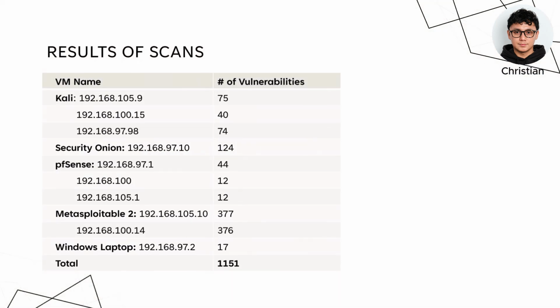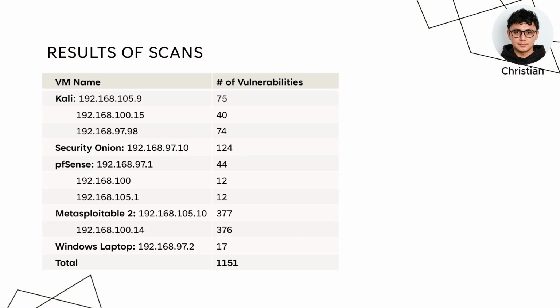This slide summarizes the vulnerabilities detected across our virtual machines. In total, 1,151 vulnerabilities were identified. Notably, the two instances of Metasploitable 2 with both IP addresses account for the highest number of vulnerabilities, each exceeding 375. Given that Metasploitable 2 has the most vulnerabilities, many of which are critical, we decided to prioritize our efforts here.